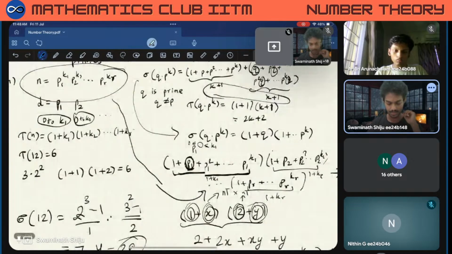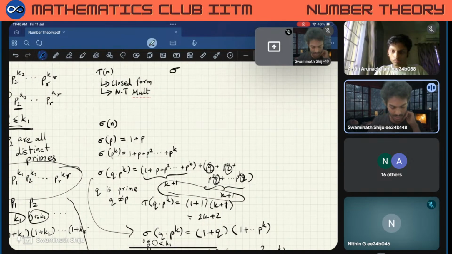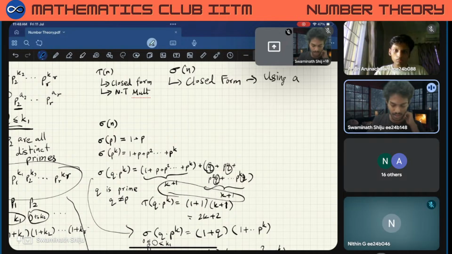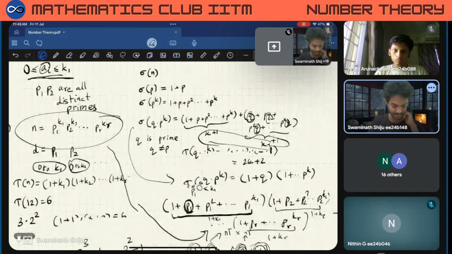So again, we had sigma n, and using a term counting method we found a closed form.